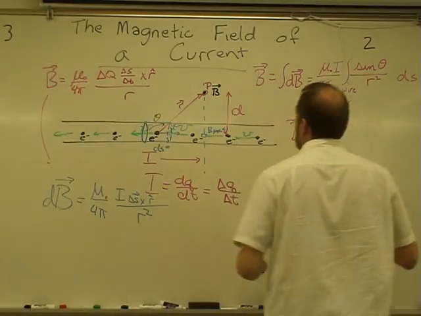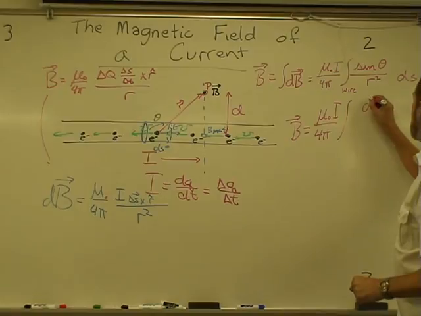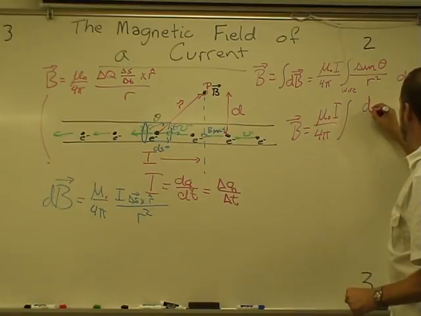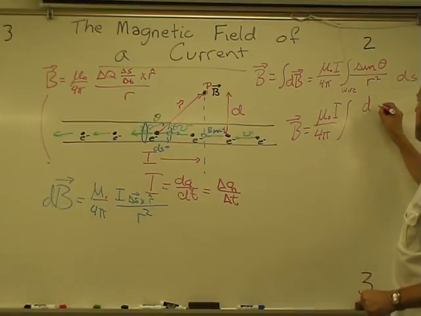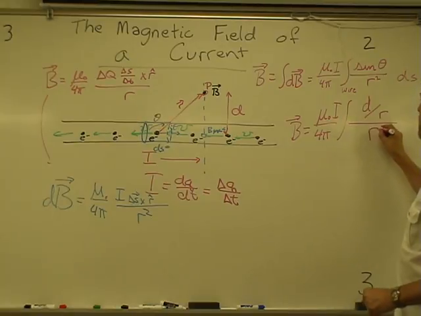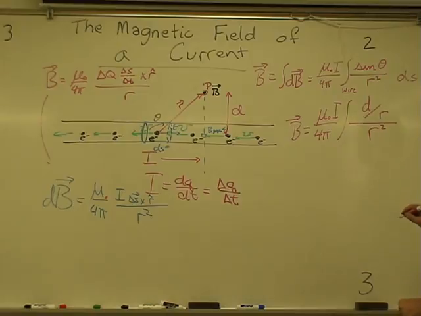So that's the single variable d over r, divided by r squared.